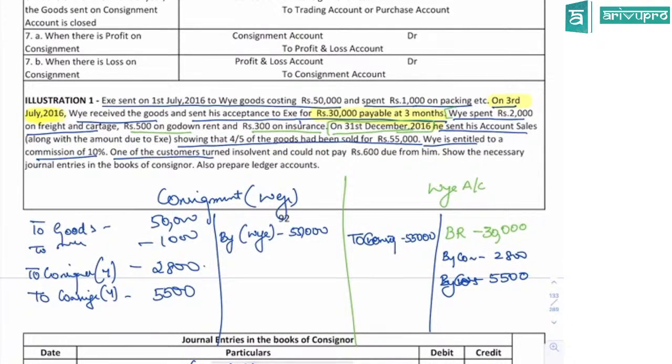One of the customers turned insolvent and could not pay 600 due from him. What is going to be the journal entry now? Customer turned insolvent.